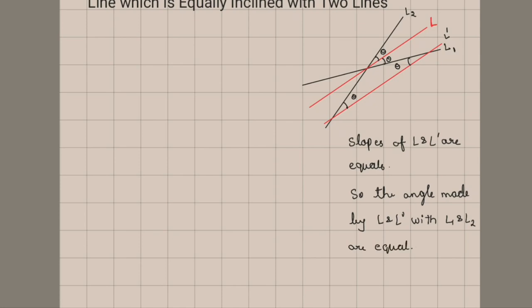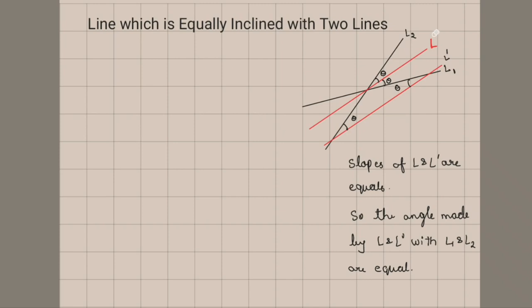Okay, did you get that? Or else, as L and L dash are parallel, this theta and this theta are alternate angles, and these two are vertical opposite. You can also check by using basic concepts. Or else we know that tan theta is completely dependent on slopes of two lines.